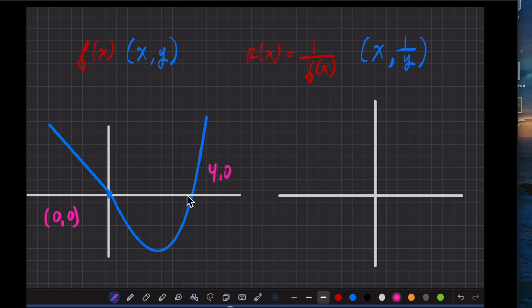original function. When we move to the reciprocal graph, the x values are going to stay the same, and the y values are going to be flipped. So we're going to have (4, 1/0) and (0, 1/0). Folks, when we are graphing and you're dividing by 0, those are vertical asymptotes.